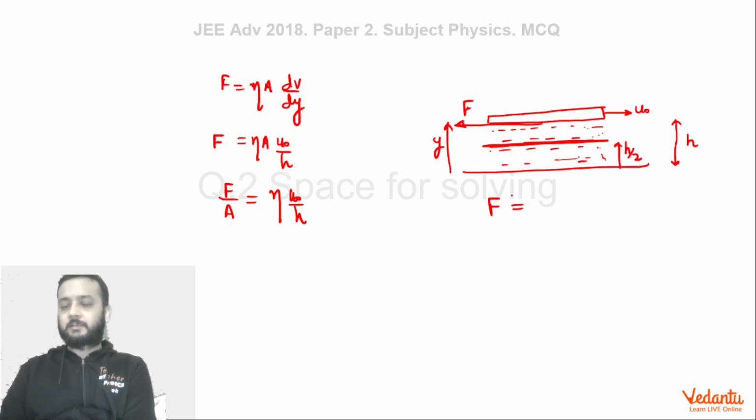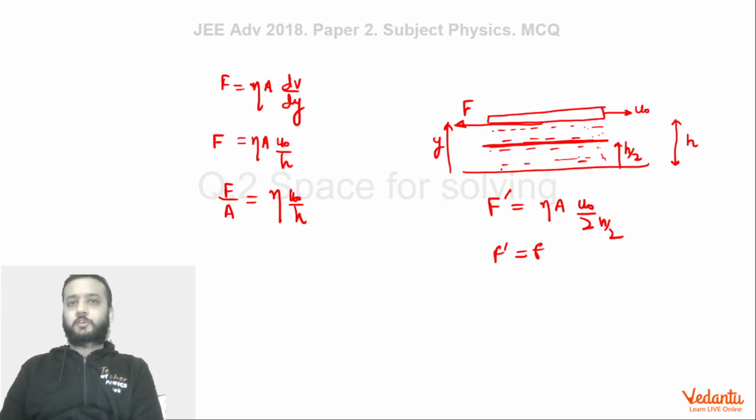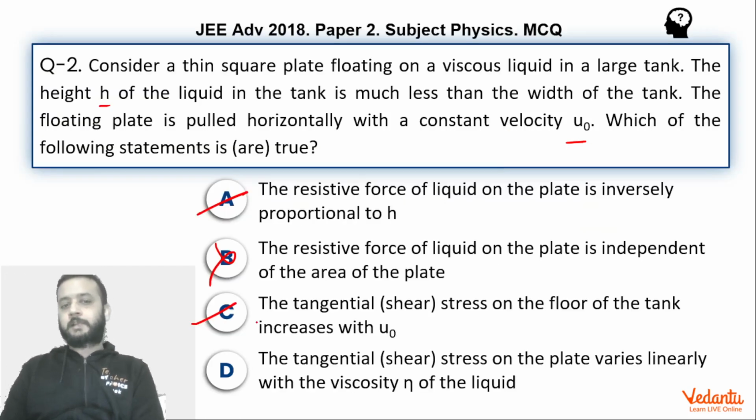We can say that the force F dash will be equal to eta into A, taking the same area A of the layers, into the velocity, which will be u naught by 2 actually, because velocity is varying linearly. So u naught by 2 divided by this height, which is h by 2. We can see it comes out to be the same, F dash equals F. That's why I'm saying tangential stress between any two layers of the liquid will come out to be the same. So on the floor also it will be the same, and hence this is the correct option.